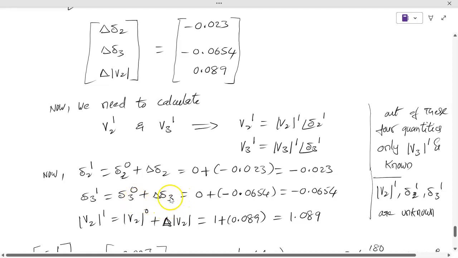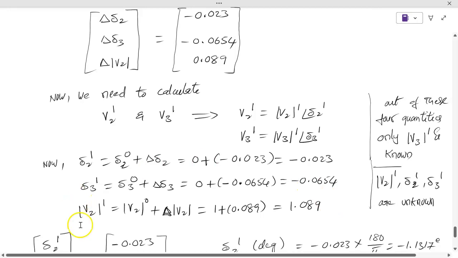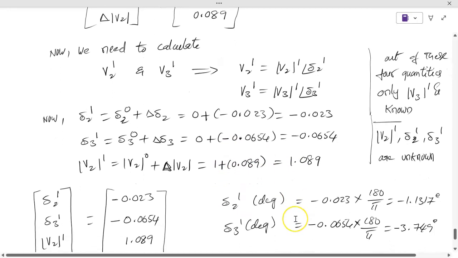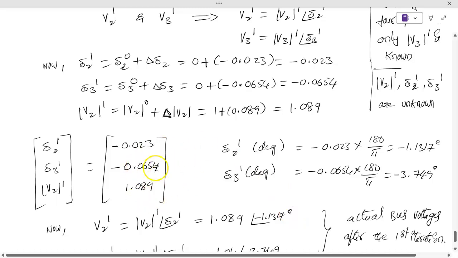Delta del 3 is equal to this, already calculated. Substitute, finally we will get this. Okay. Now coming to V2^1. V2^1 is equal to V2^0, the initial value, that is flat voltage profile, magnitude 1, plus delta V2, already calculated. So then substitute. Then 1 plus this is 1.089.